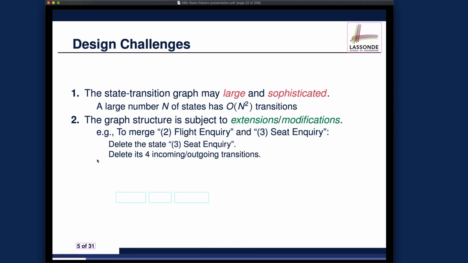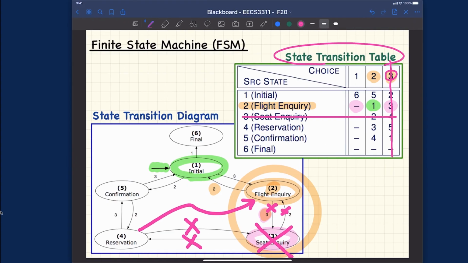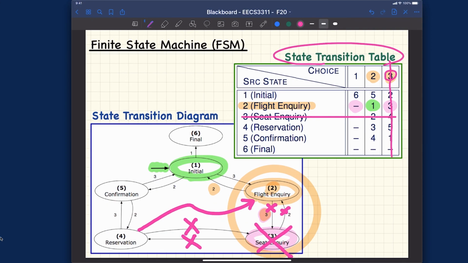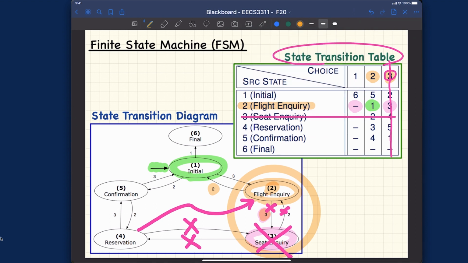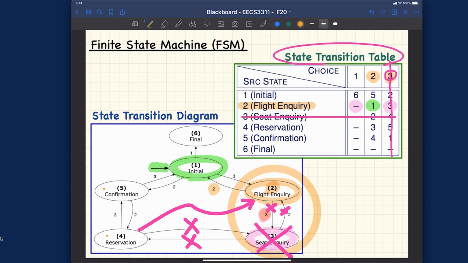Another possibility would be, let's say you want to add a new state, let's say dietary requirements. For example, let's go back to the diagram over here. Let's say between reservation and confirmation, before you confirm, maybe the airline company would like to ask, well, what are your dietary requirements? In that case, you may want to add another state over here, so maybe call it dietary requirements.